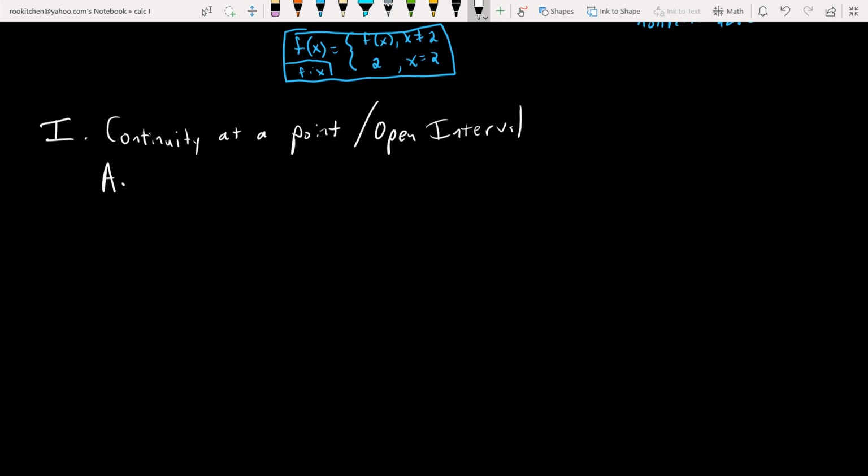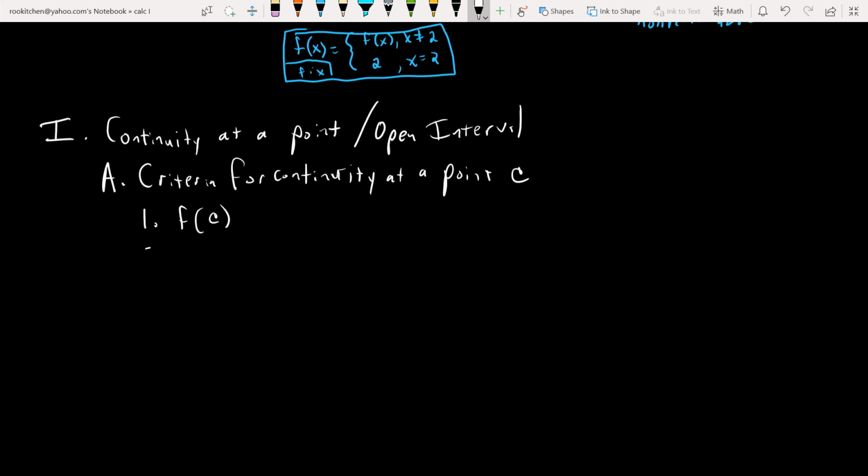So we have this other criteria, which is in terms of limits. Okay, so the criteria for continuity at a point c: first off, f of c has to be defined.